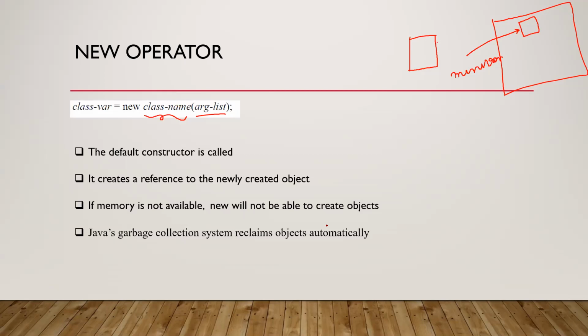It can happen that I am going on creating a lot of objects, and those objects are taking space in the memory. And there can be a situation when I'm trying to create an object and I don't have space there. That is very much possible, isn't it?